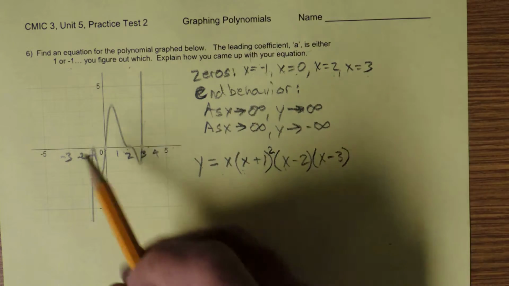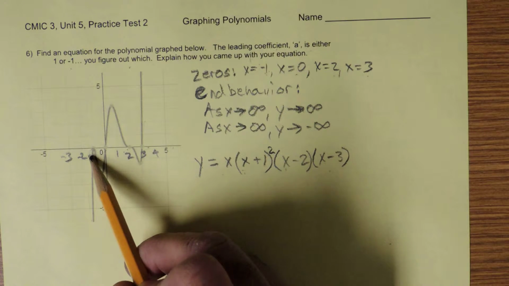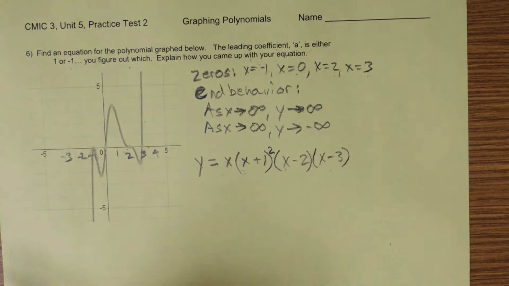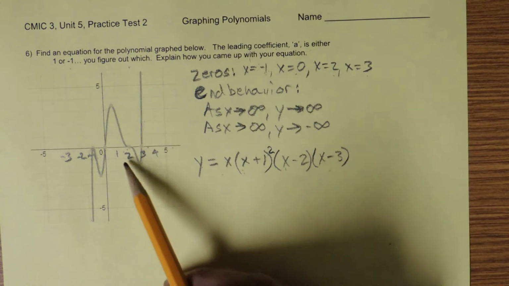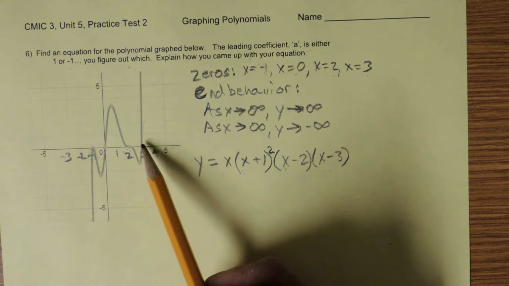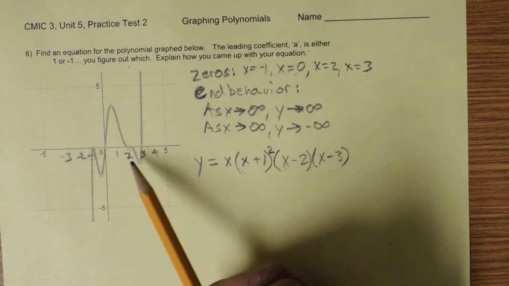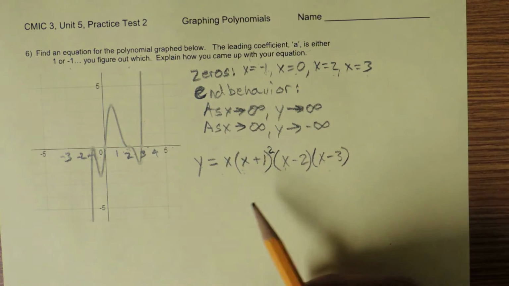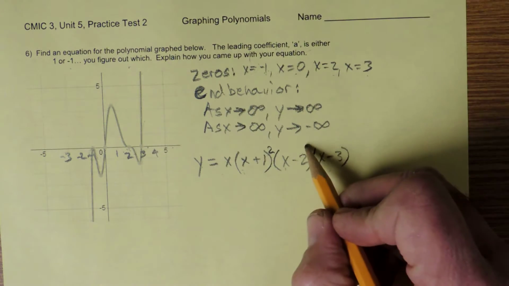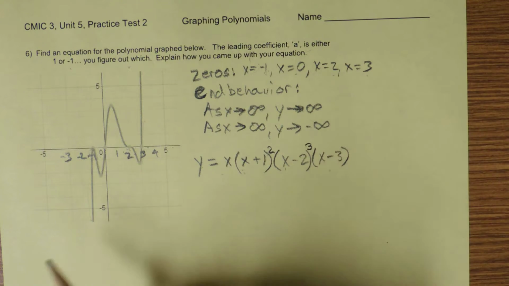Because if I'm even, it's going to be the same side of the axis, whether I'm above -1 or below -1. If I look at 2, though, 2 crosses, but it goes horizontal while it's crossing. So to get it to cross, I have to have an odd exponent.